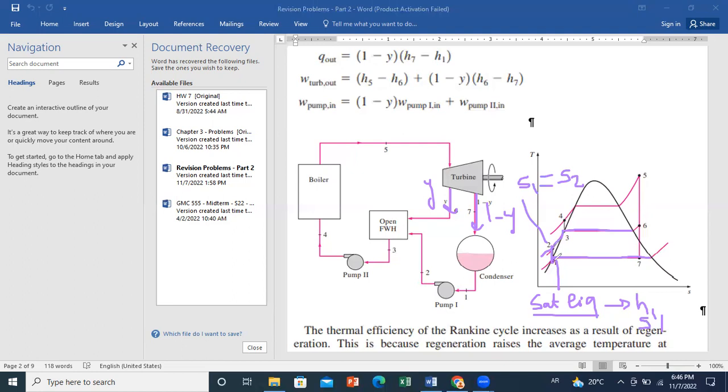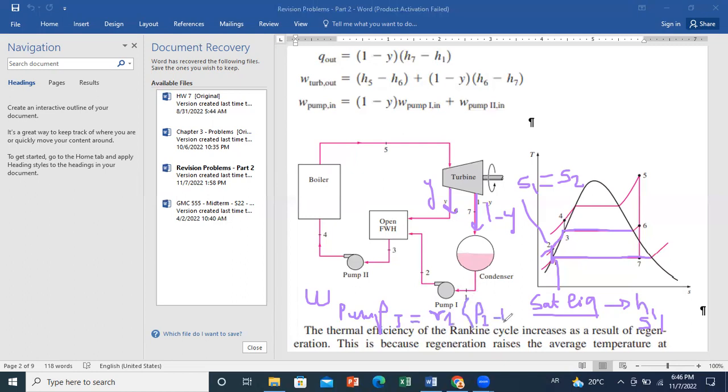Also, if you want to calculate W pump 1, who can tell me what is the variable that I need? You can use the specific volume at point 1 times delta P, so times P2 minus P1.